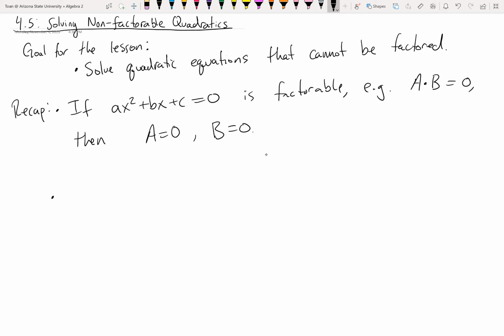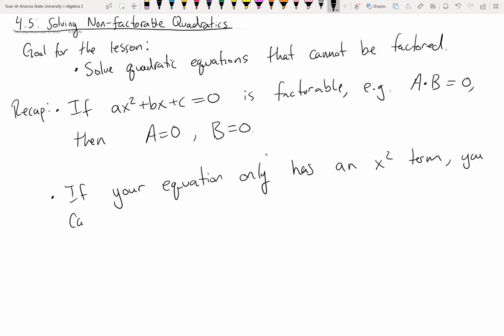Another thing that we talked about, and this was yesterday's lesson, if your equation only has an x squared term, you can use regular algebra to solve.